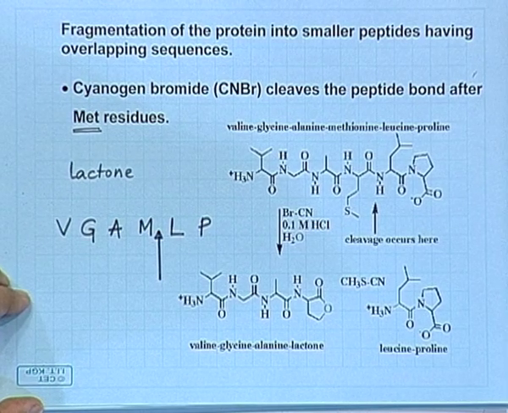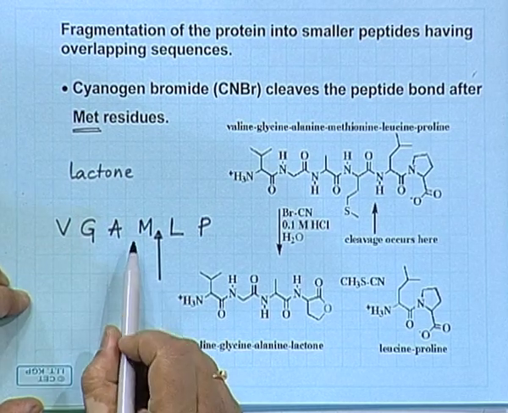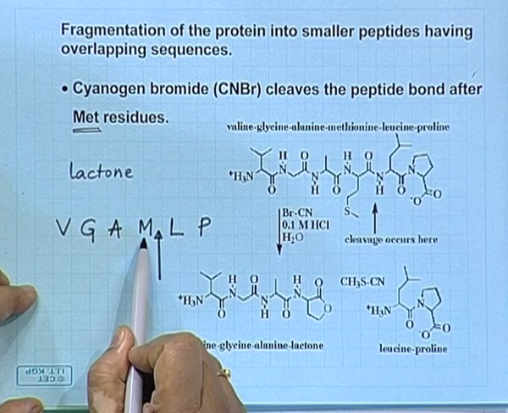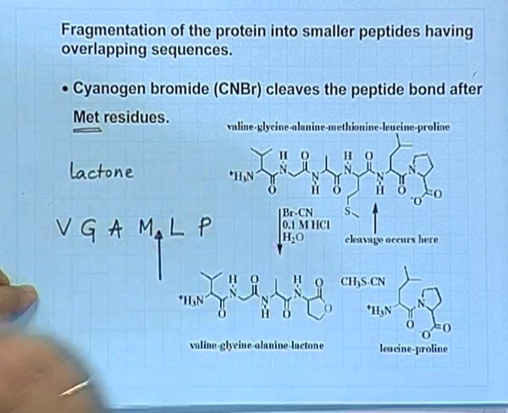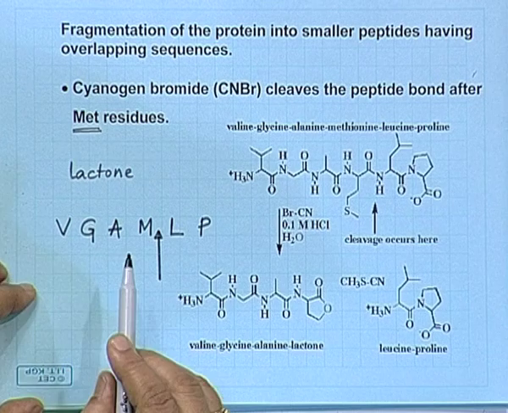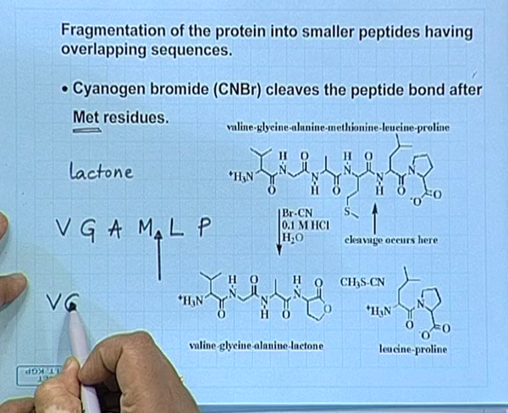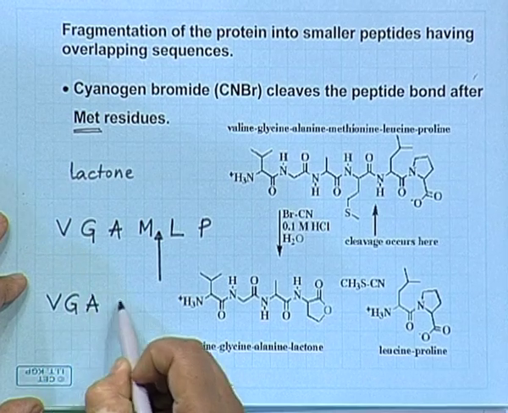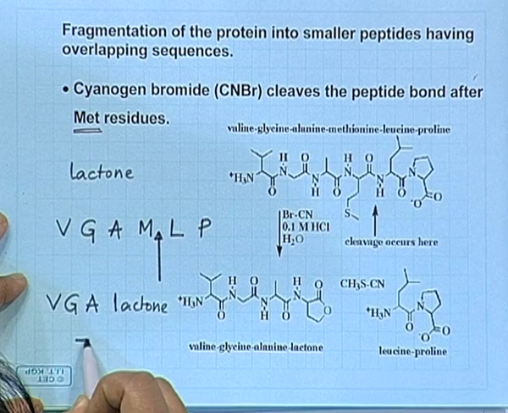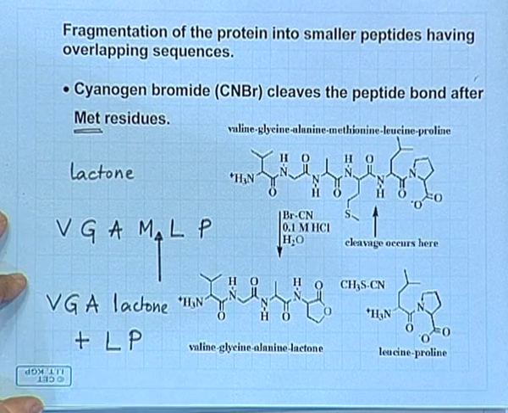Okay? And what would happen is the side chain of the methionine group would go and link up with the cyanogen bromide. Okay? So what you are actually left with is a VGA lactone plus a leucine and a proline.